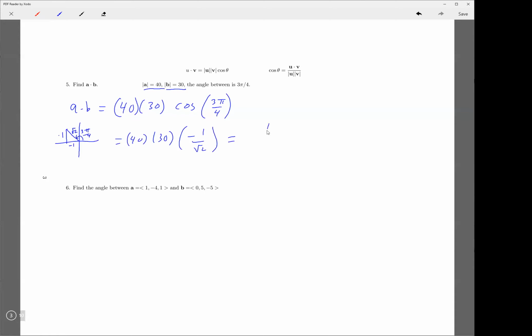So if you multiply those together, that's going to be -1200 over root 2.